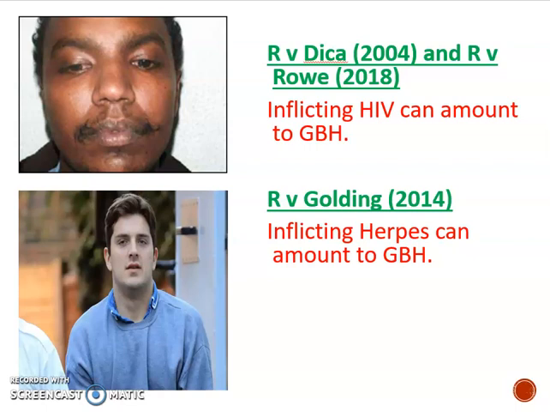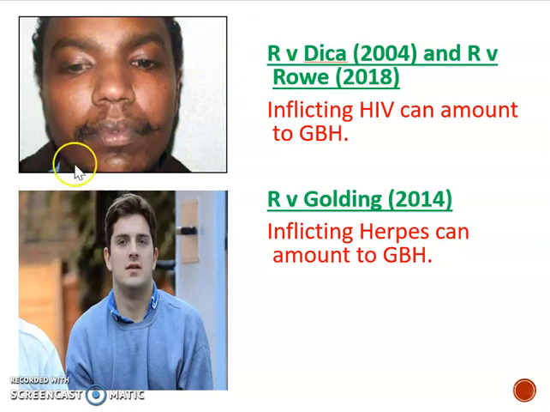So Deaker and Rowe, particularly unpleasant cases, where these individuals were deliberately trying to transmit HIV to other people, which obviously in the 1800s would be unthinkable. So the judges have had to extend the meaning of GBH to cover these new situations as they've arisen.